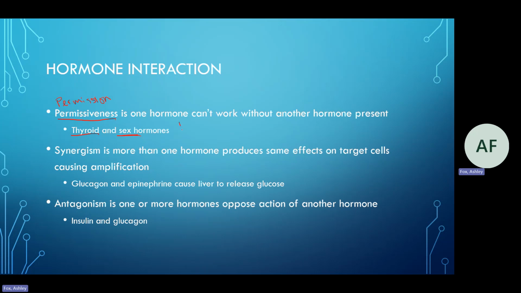Things like testosterone have to have thyroid around to properly work. Without thyroid levels, your testosterone actually becomes abnormal and cannot work. So thyroid is actually important in those sex hormone levels. Without thyroid saying, okay, you can do your job, testosterone will not be able to work properly.